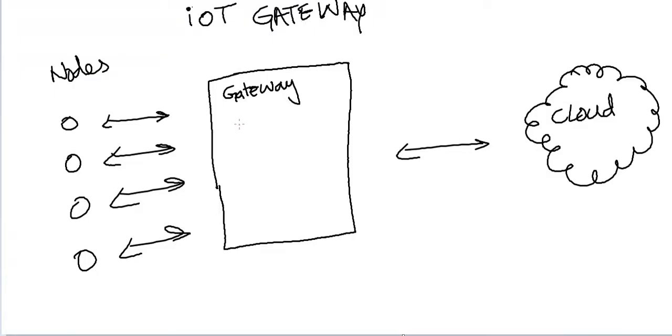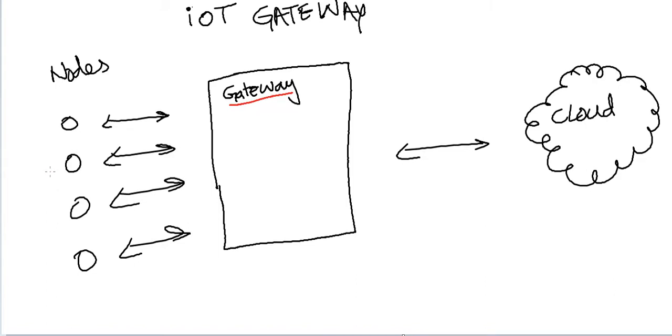As said, the gateway becomes a very critical part of the IoT ecosystem because these nodes, for example, are temperature sensors or noise sensors or humidity sensors or positioning sensors or flow sensors or any kind of sensors, or maybe control devices for lights, fans, ACs, or any sensors or devices on your cars.